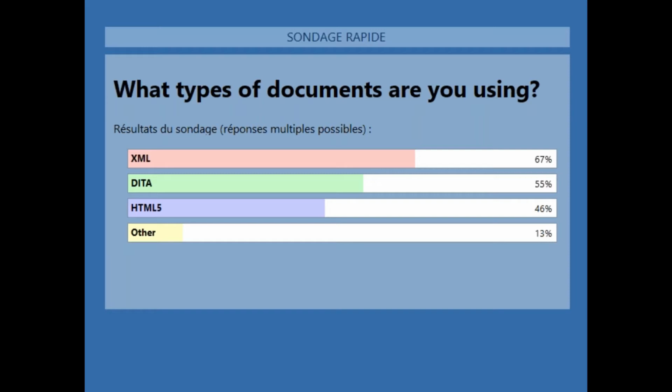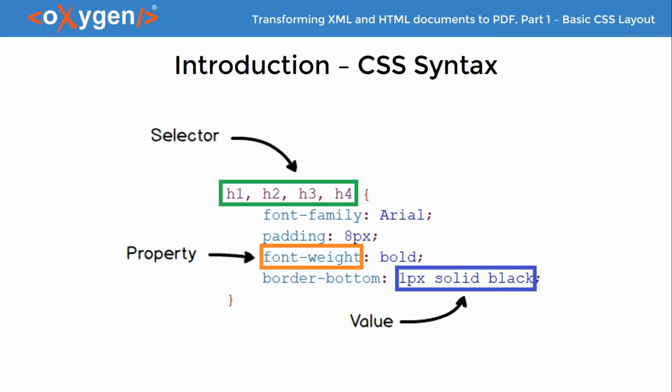For HTML5, it will be the same, and it seems that a few people maybe use other types of documents, maybe DocBook or even others. So for the majority of you, this webinar will be exactly what you need, as it's XML and HTML documents. So let's continue from the introduction, and now we will go further to the CSS syntax.